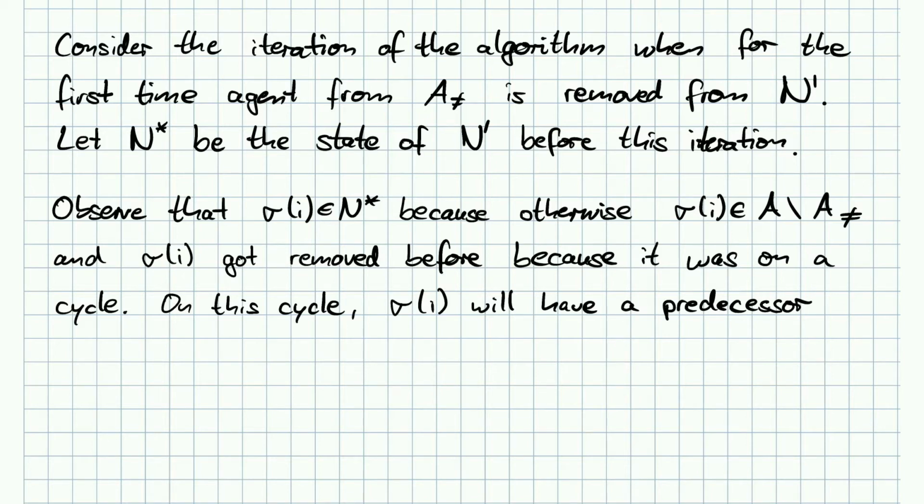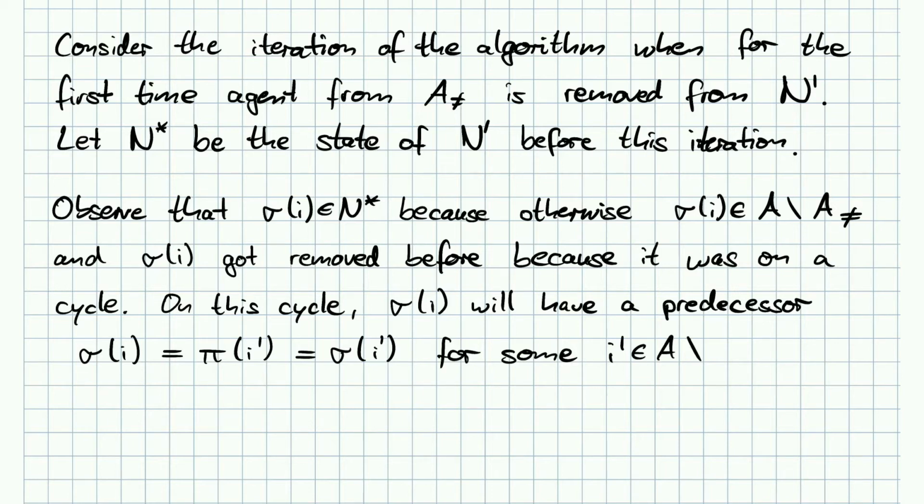Which means that sigma of I will be equal to pi of I prime, which will be equal to sigma of I prime for some I prime, which is in A takeaway A unequal.